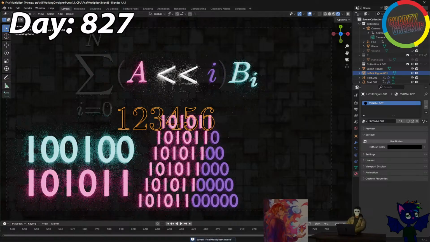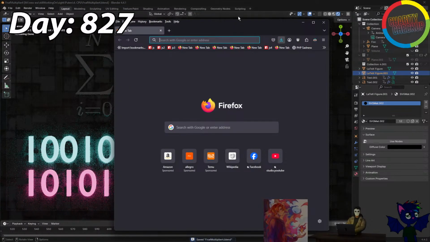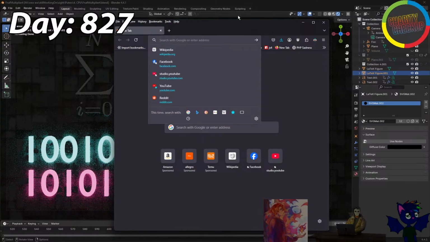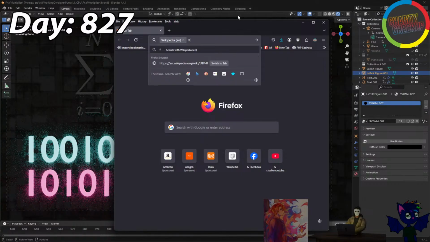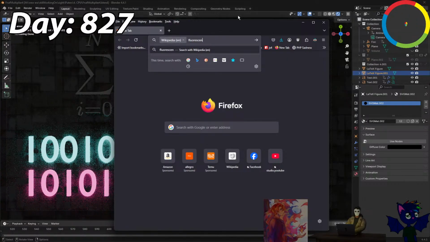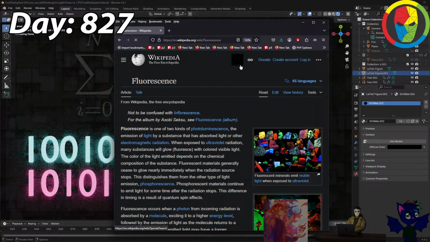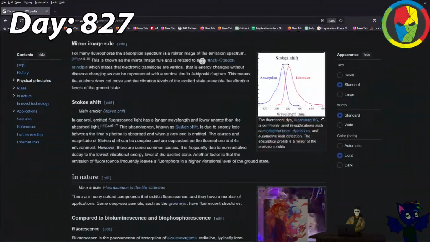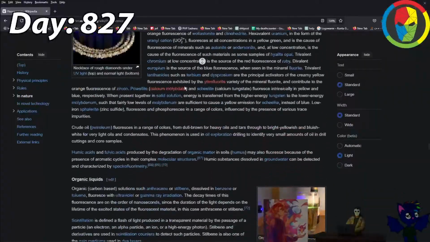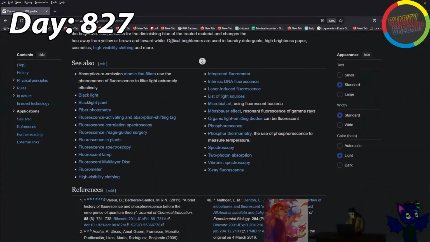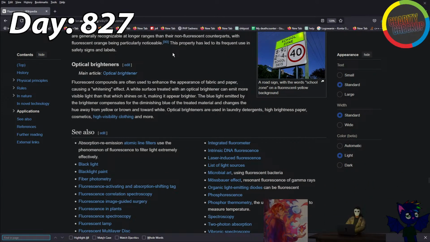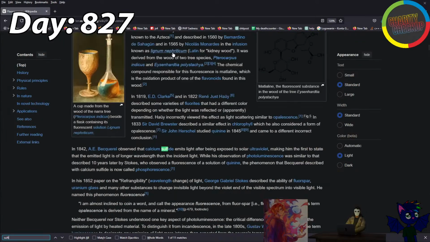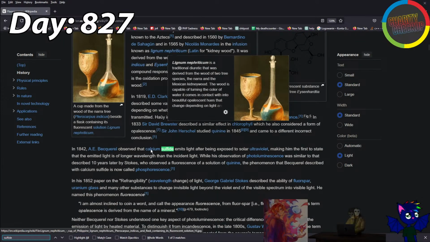By the way, for the fluorescent things I want to make, I have them listed, but I know where I found them, so it's much easier to just look it up on the Wikipedia page for fluorescence, which is right here. Where is it? It was sulfite, not calcium sulfide.